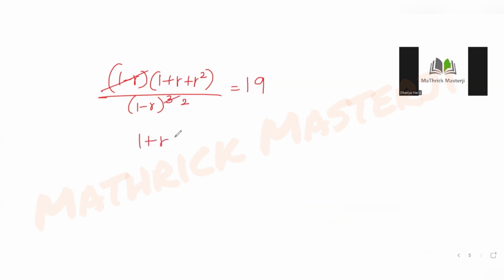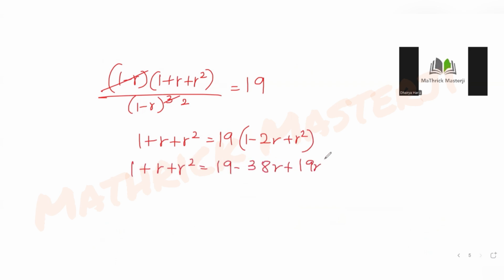So this gets cancelled, and here I have only two terms left. So I get 1 plus r square is equal to 19 times 1 minus r the whole square, which gives you 1 minus 2r plus r square. So from here I get 1 plus r square equals 19 minus 38r plus 19r square.